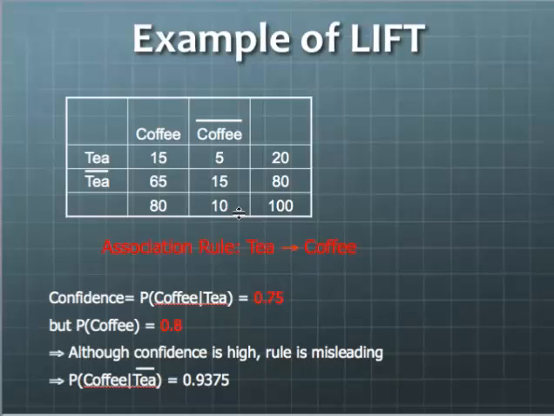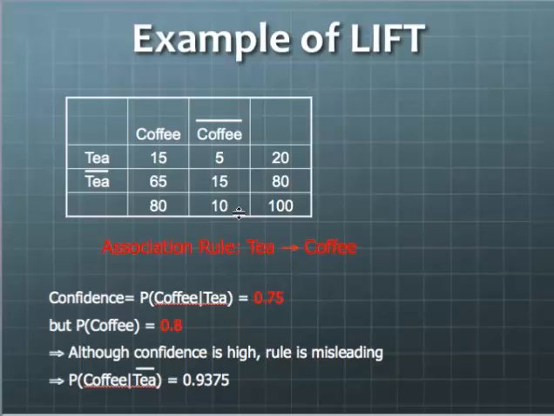This argument would have been acceptable except that the fraction of people who drink coffee, regardless of whether they drink tea, is 80%, while the fraction of tea drinkers who drink coffee is only 75%.